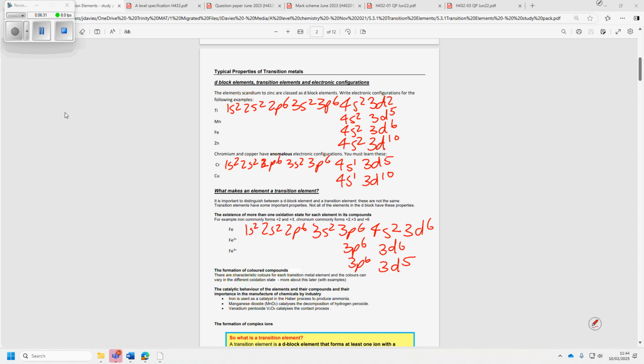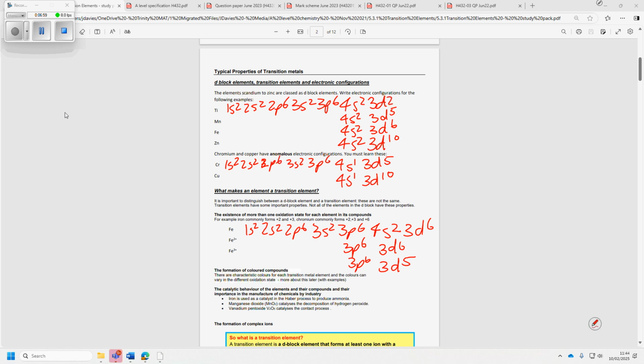One of the things that many of you have remembered from GCSE, hopefully, is the idea that transition elements form very, very coloured compounds, and that's one of the things we're going to look at in this topic. And you also hopefully learned about the catalytic behaviour of transition elements. Remembering the dreaded Haber process, some of you may recall that iron is used as the catalyst in the production of ammonia.